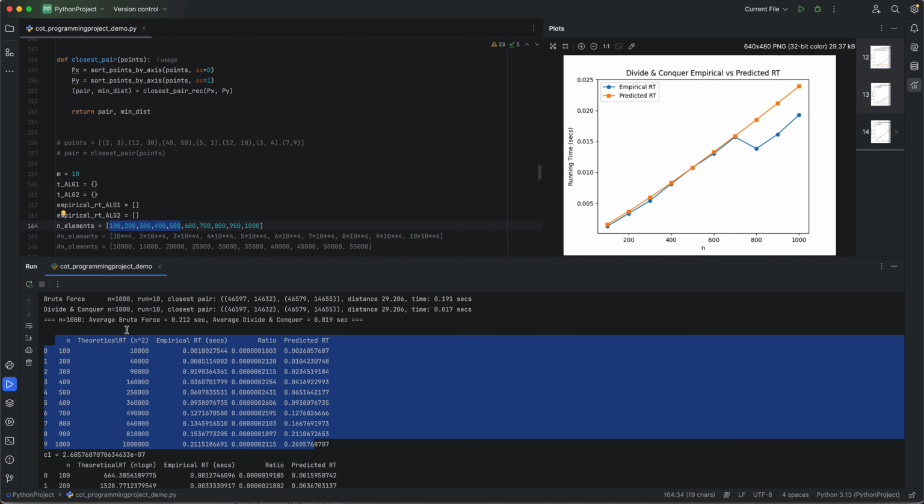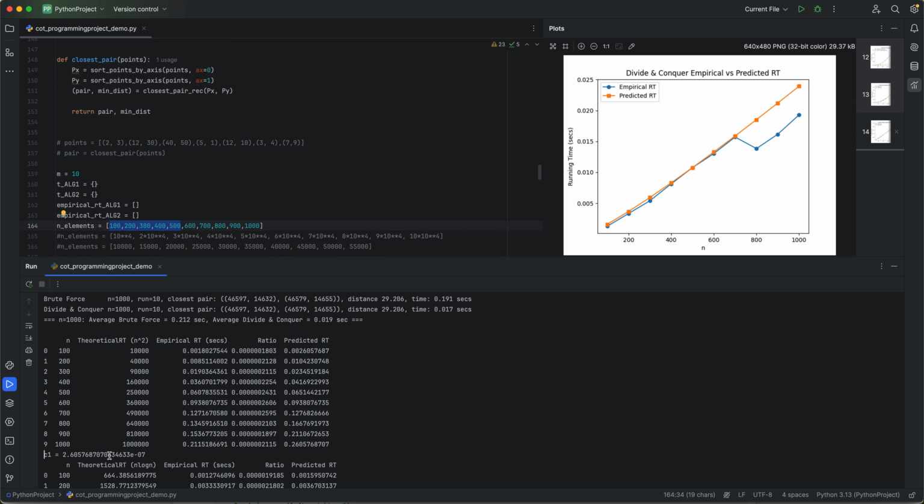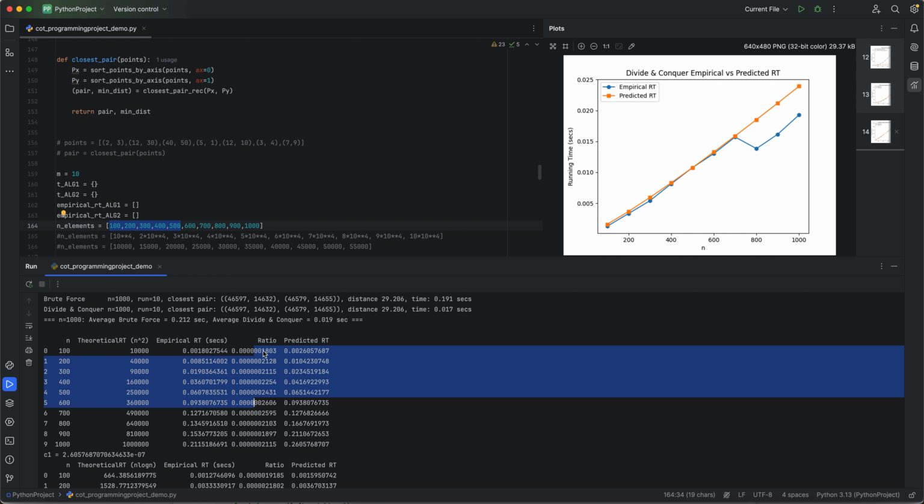The first table compares the brute force. At the end of the table we have the constant, and be aware that the constant is in scientific notation, and here the ratio is not.